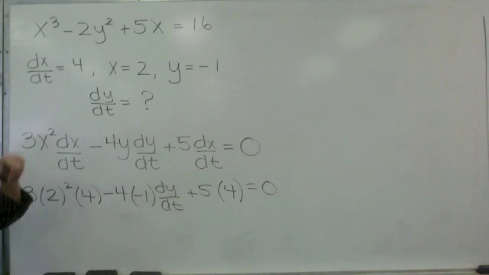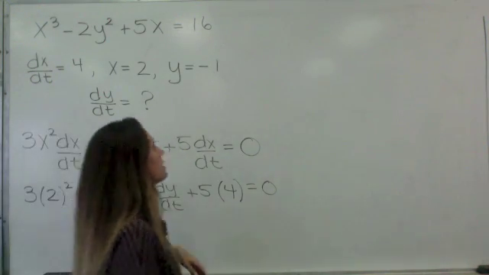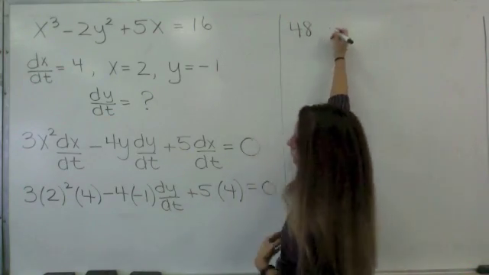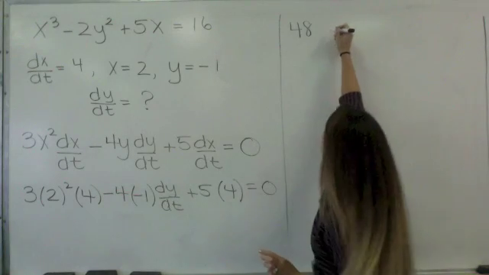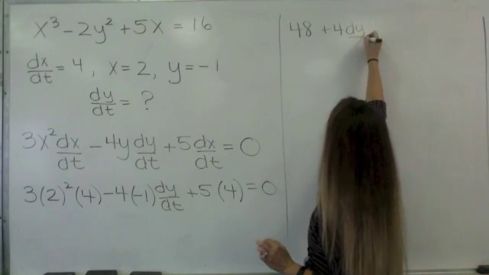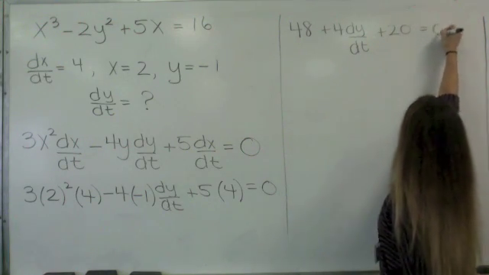So I'm going to go ahead and go over there for room, but 3 times 2 squared, that's 3 times 4, times another 4, that's 3 times 16, or 48. Negative 1 times negative 4, plus 4 dy/dt, plus 20 equals 0.